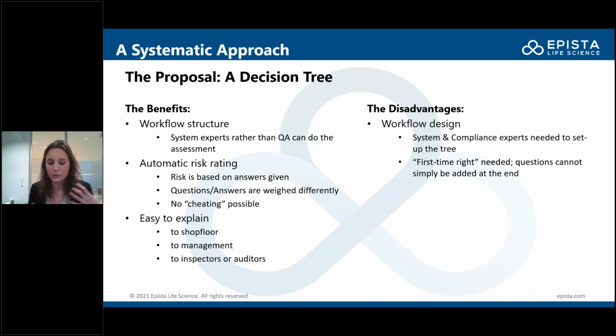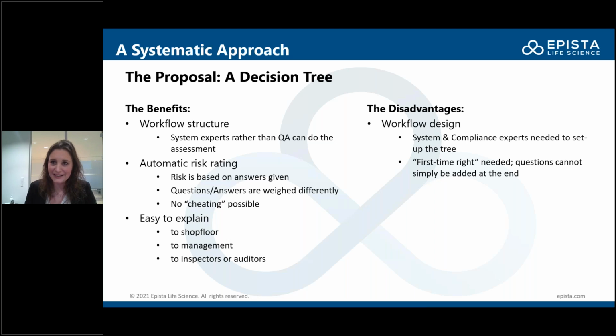So the workflow in the tree should reflect actually the systems that you are working with. There's no point in having branches down your tree that you will never go down through because you don't have equipment that kind of like goes into that. But it very much makes sense that you are setting up in a way that it does cover all your systems. So that's the tricky part.